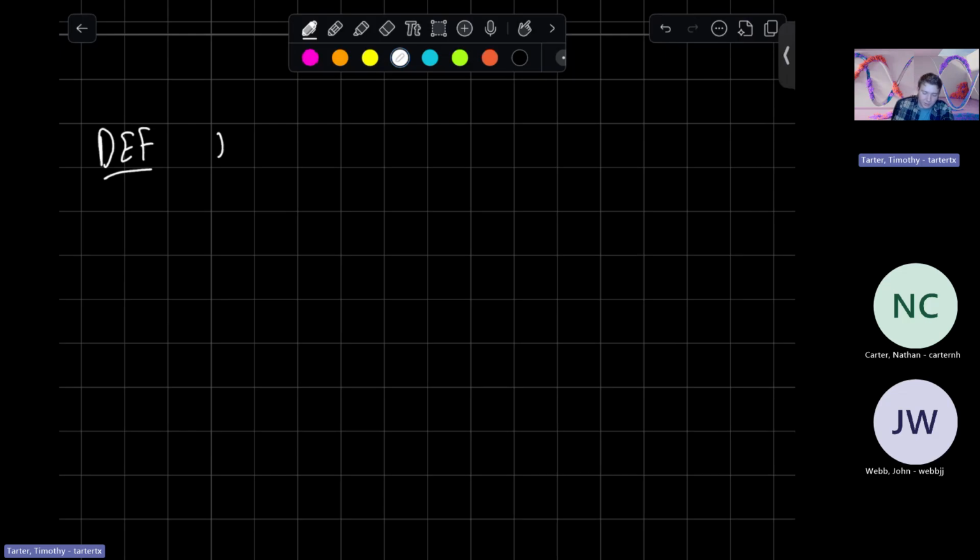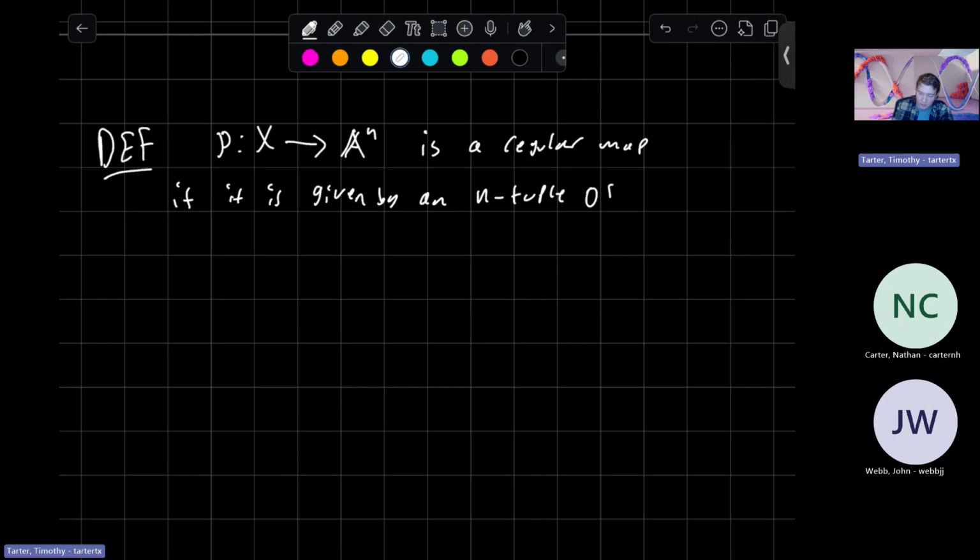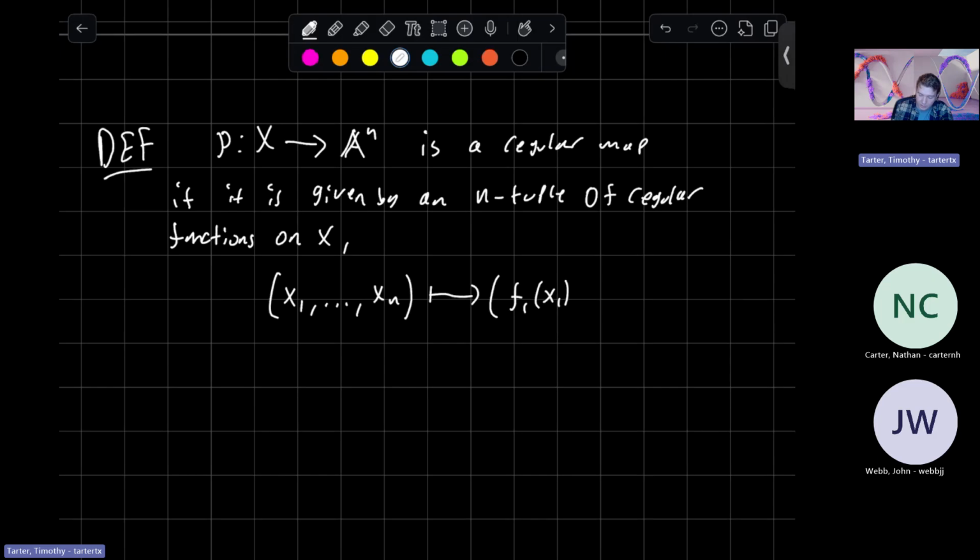So we'll define this rho from X to A^n is called a regular map if it is given by an n-tuple of regular functions on X, basically sending points x1 through xn to f1 of x1, f2 of x2, through fn of xn.